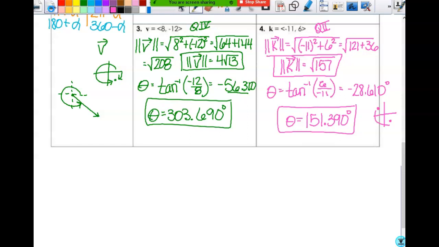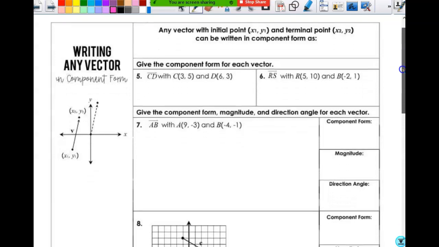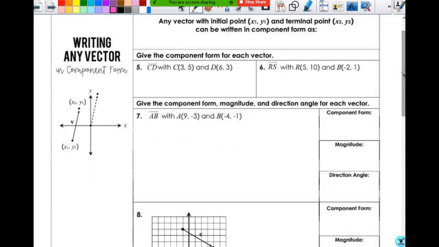So that's all when they're in standard position. The magnitude works no matter what, but when they're in standard position, you can think of where it is on the coordinate plane. But you can take any vector that's anywhere in the coordinate plane and write it in component form. So let's say instead of being in standard position, it's over here. My initial point is x1, y1. My terminal point is x2, y2. But I need it in component form with my pointy brackets.